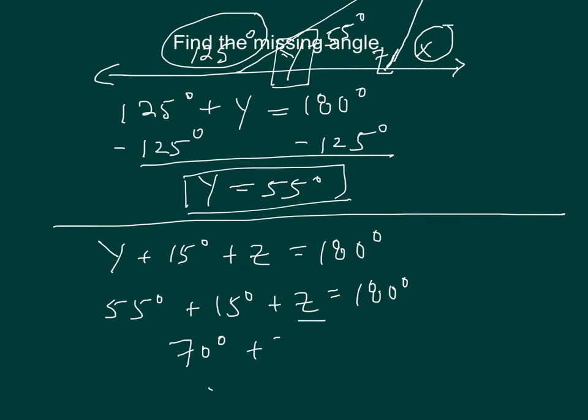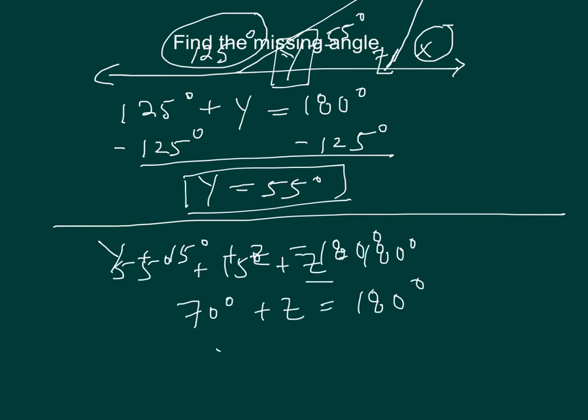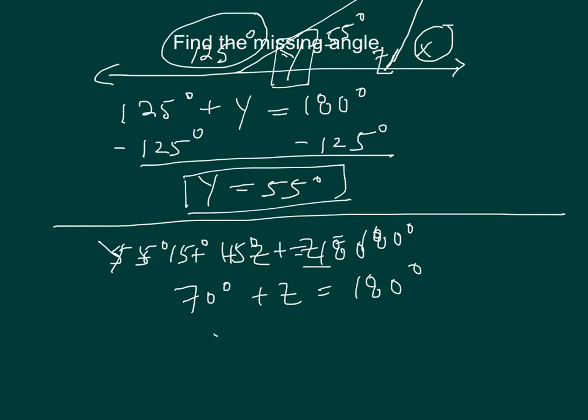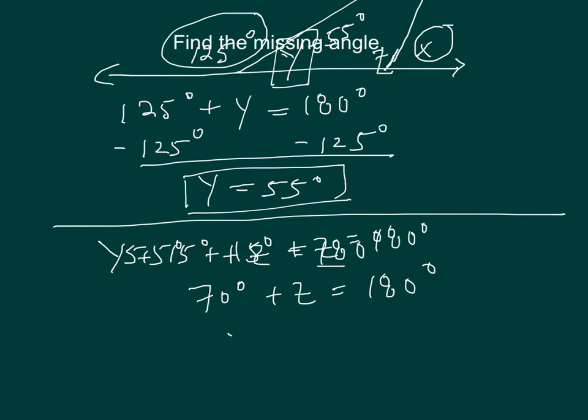So 70 degrees plus z is equal to 180 degrees. And again, I'll move this up slightly. And we'll subtract 70 degrees from both sides, which will leave us with z is equal to 110 degrees.